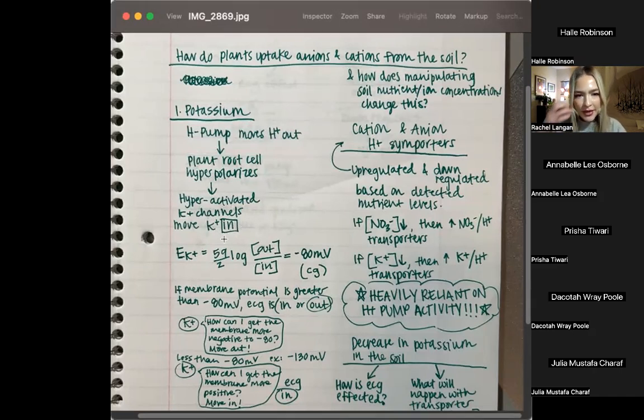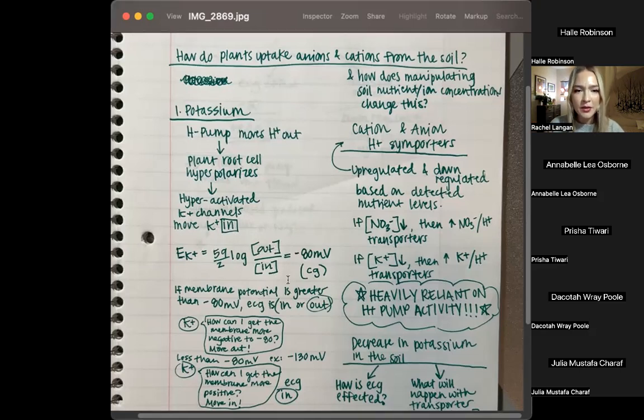So remember, there's nothing special about these channels that causes potassium to move in. Potassium moves in because of its electrochemical gradient. So just as a refresher, because it's important on this test, what is the ECG and how does that influence movement?